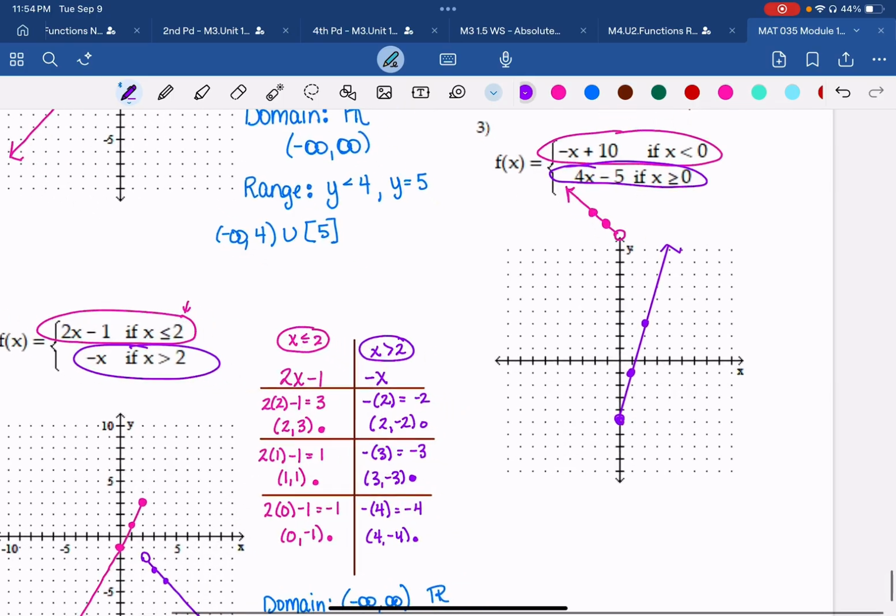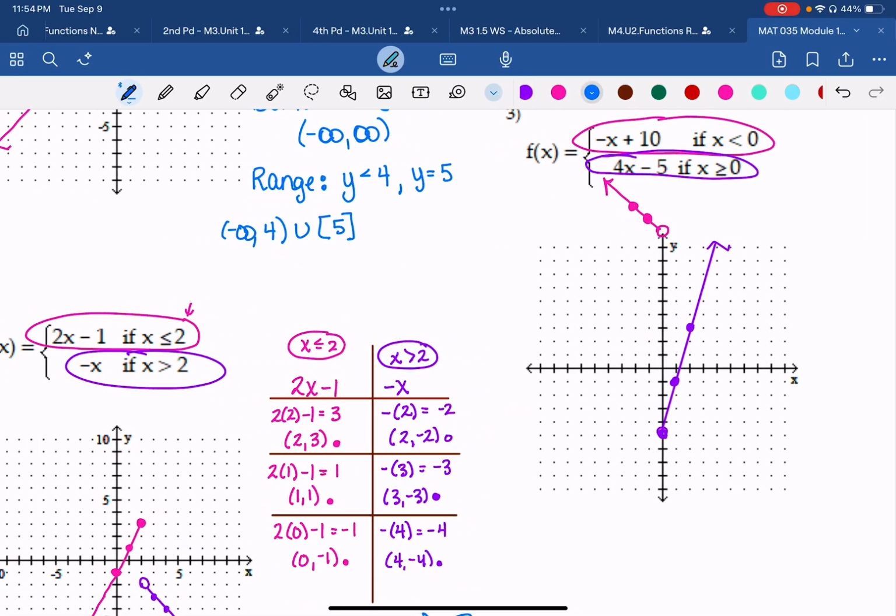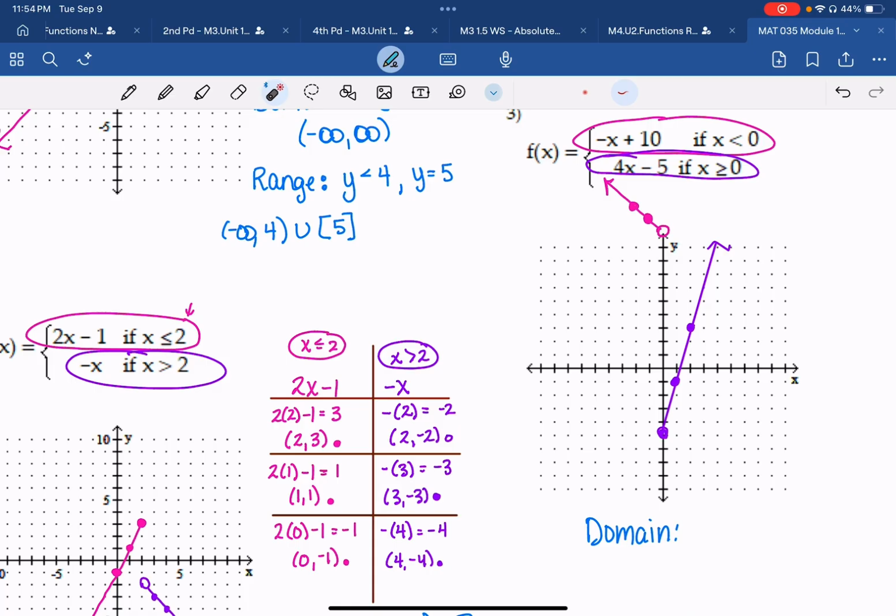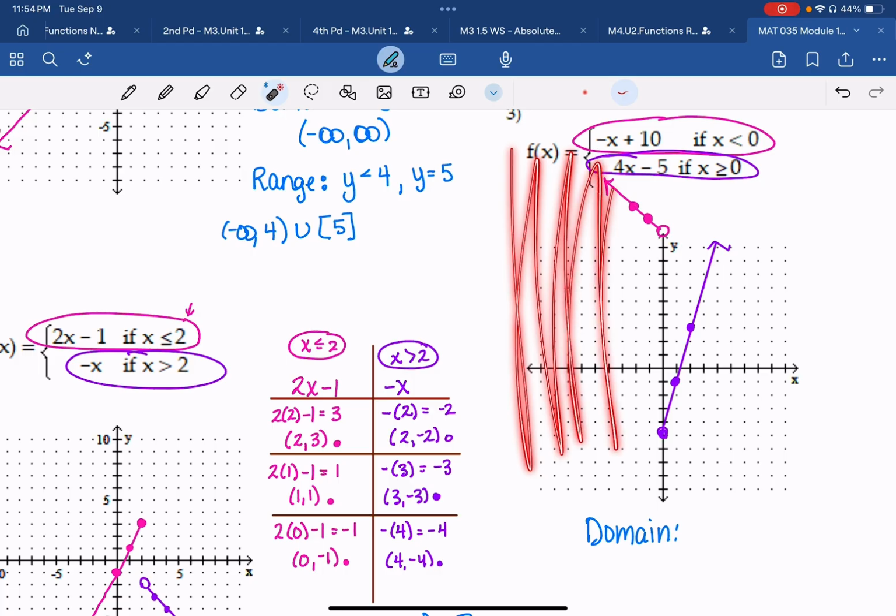All right, so the only thing we have left to do now is find the domain and the range. So domain. Okay, so don't forget we had that part of our graph that didn't really fall on the dots, but that's okay. I still know it's going to keep going this way forever, even though it's not there. Okay, so you've got all these x's, but then right here, this is where we got to look, right?